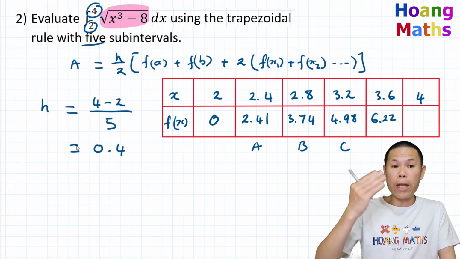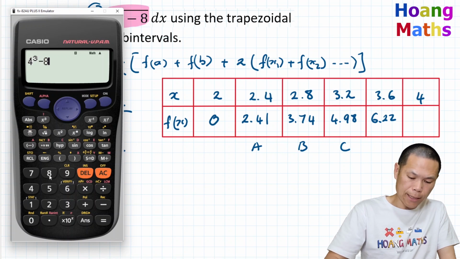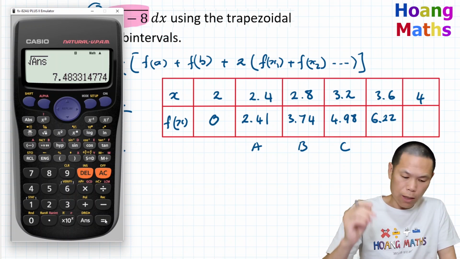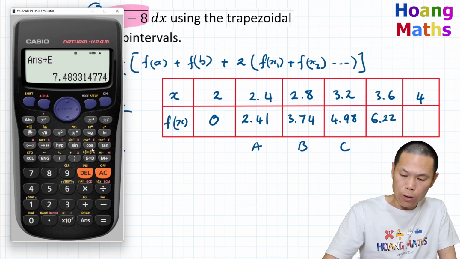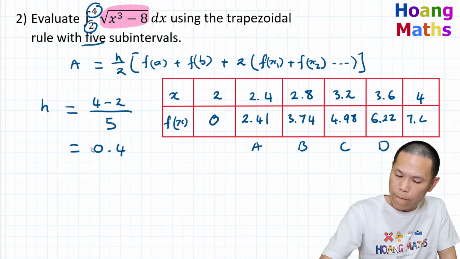Now when x is 4, we go 4 cubed minus 8 equals, square root of that. So 7.48. Let me store this: answer, shift, store into E. So that is 7.48, and this is E.